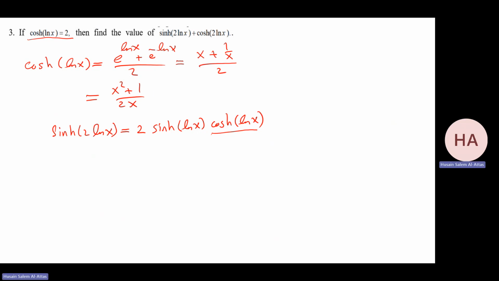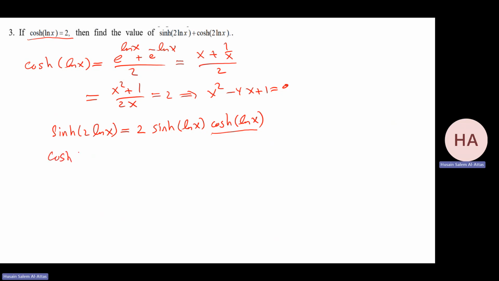That would not help if that equals 2. So I have x squared minus 4x plus 1 equal to 0, which you cannot solve. So I need to use the identities then.